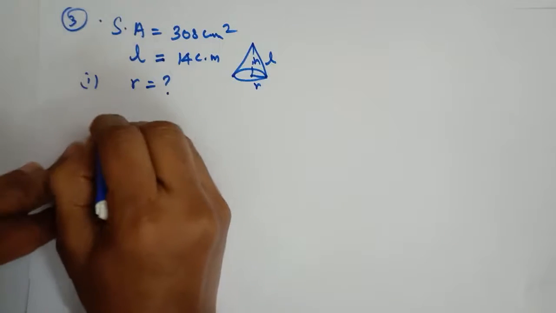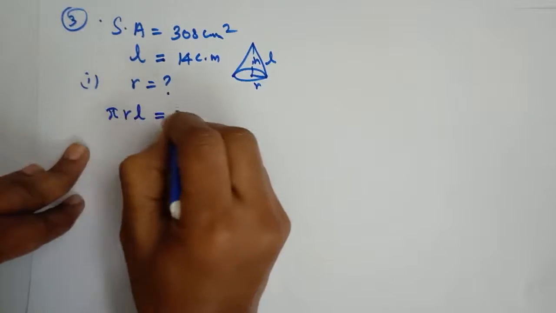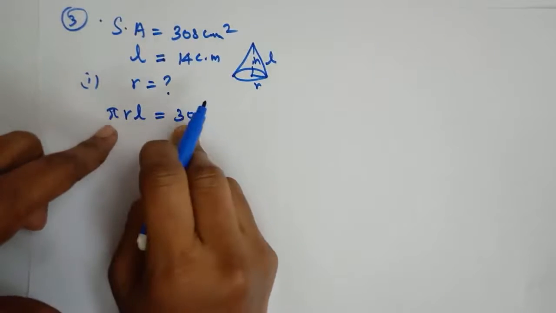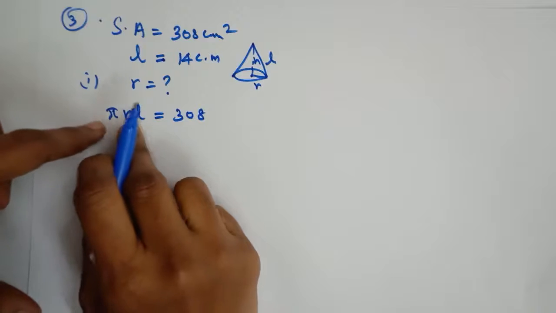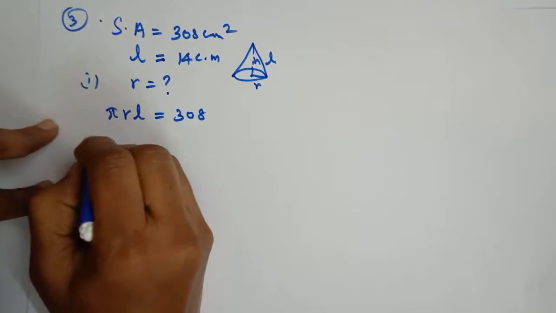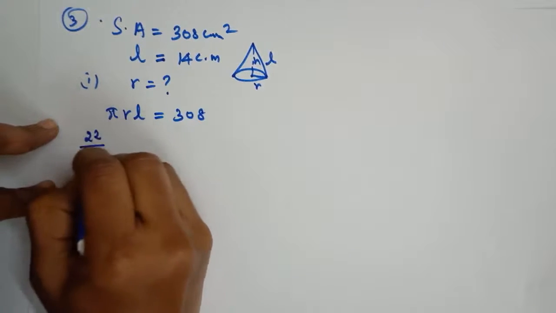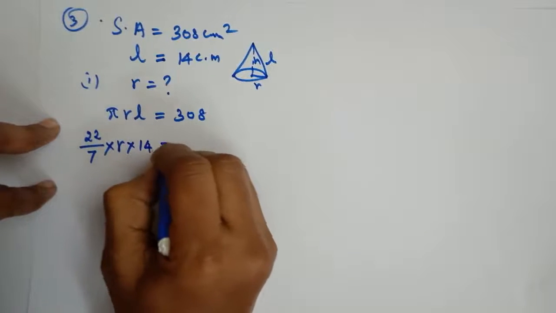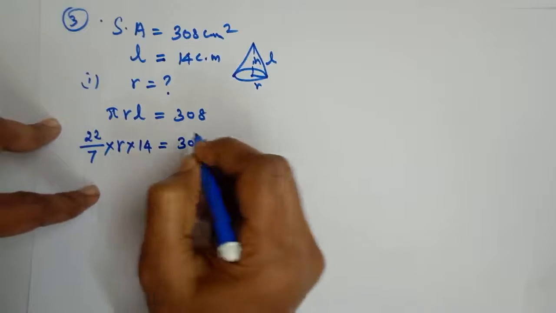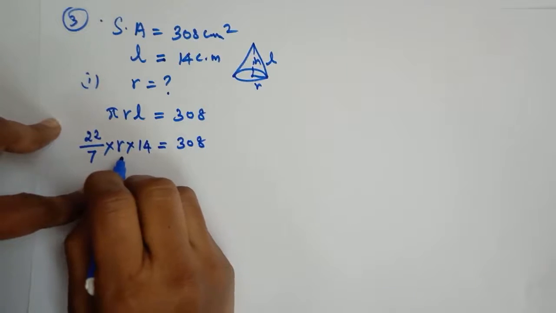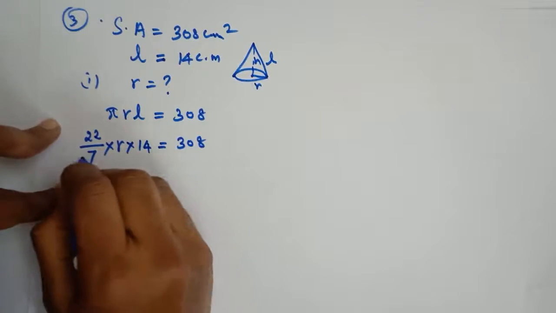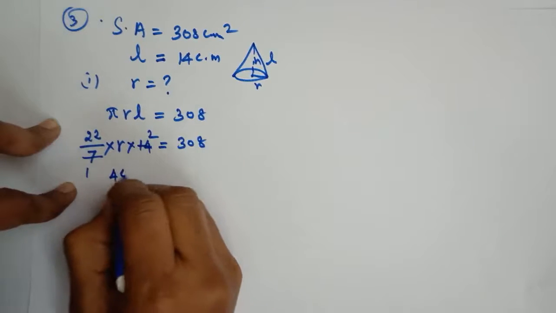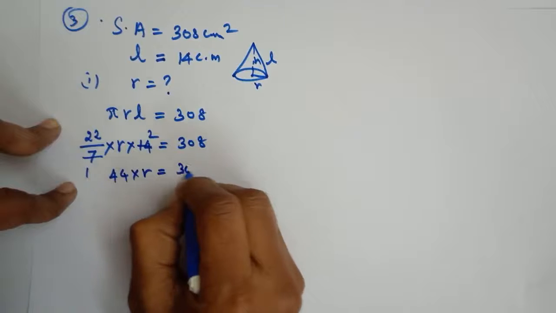Surface area, what is the formula? Pi r L is equal to 308. Using this formula, we just put the values. 22 by 7 into r into L equal to 14, is equal to 308. From this we have to find the value of r. So 22 into 2 is 44. So 44 into r is equal to 308.